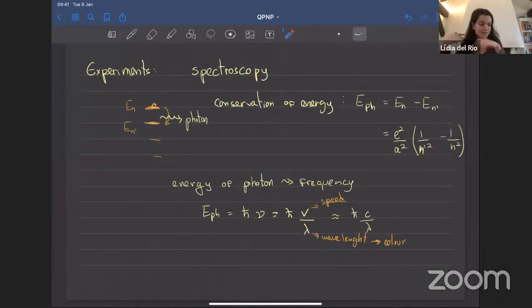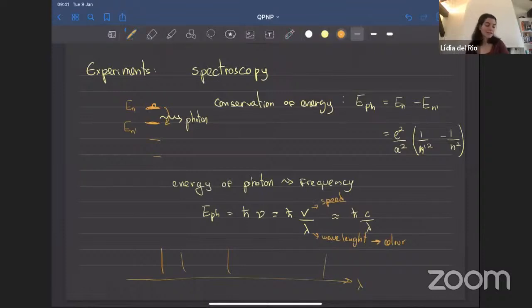You get a spectrum that might look something like this, right? And each of these lines corresponds to one of these energy gaps. So we can compare very well to the theory if they correspond to the energy eigenvalues that you computed. So let's go have a look.